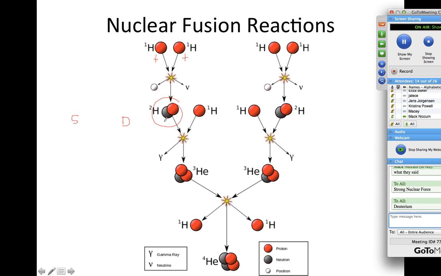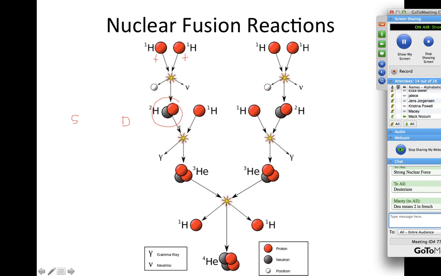If this atom of deuterium collides with another atom of... in French, deux also means two, and that is also coming from Greek, like a lot of these words.